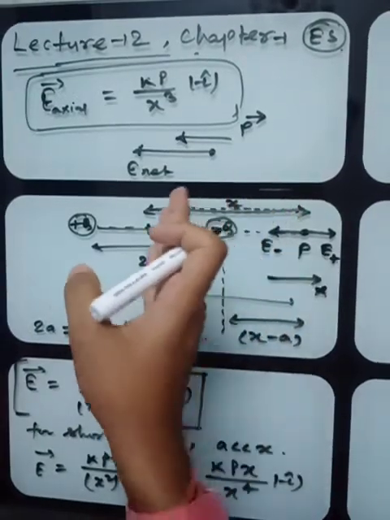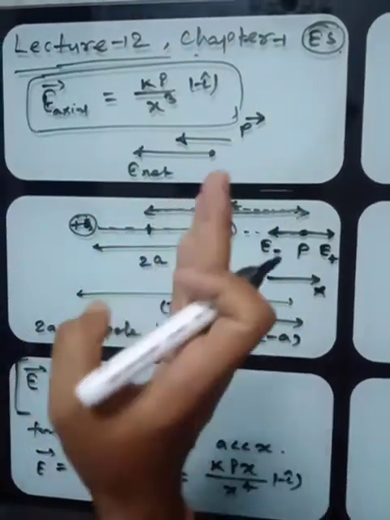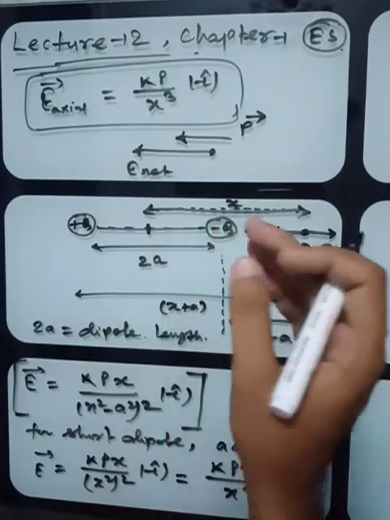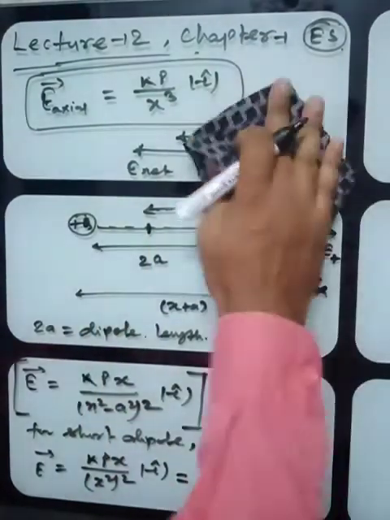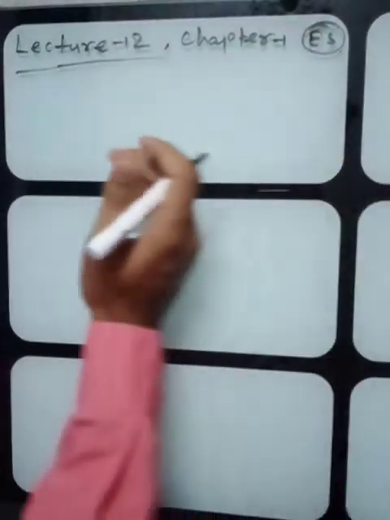So, student, this is the simple formula you have to bear in mind, kp by x cube, minus i, and this minus i represents the direction of the electric field.